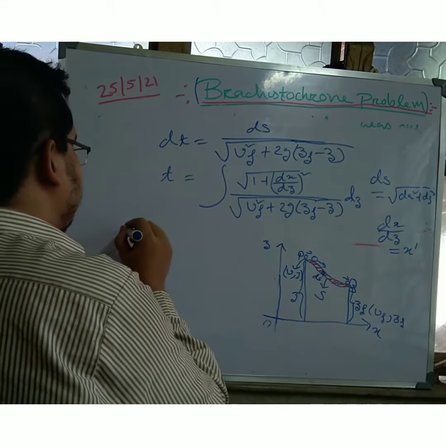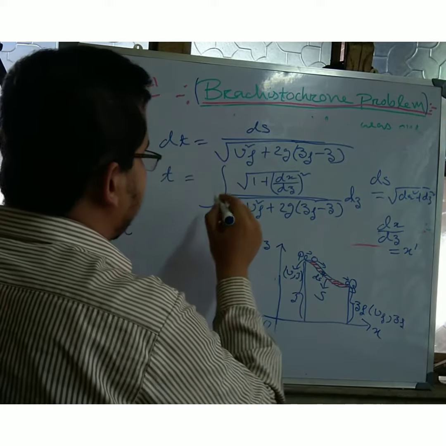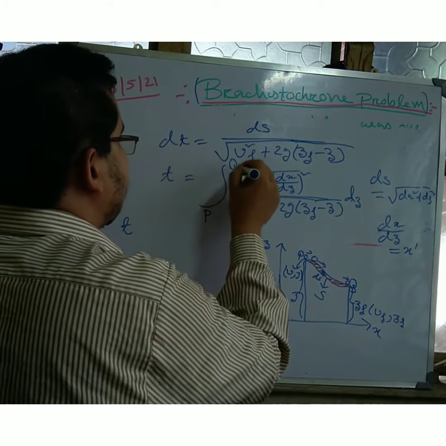So I get t is equal to, in here the point is p to q. So I write it is point p to q.